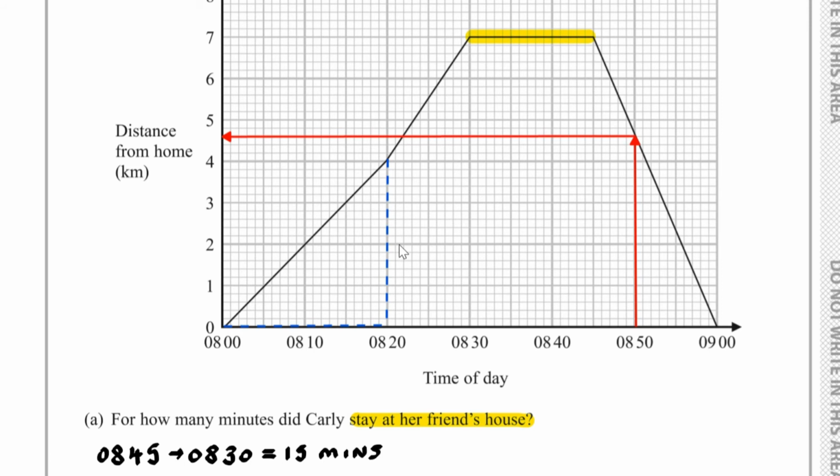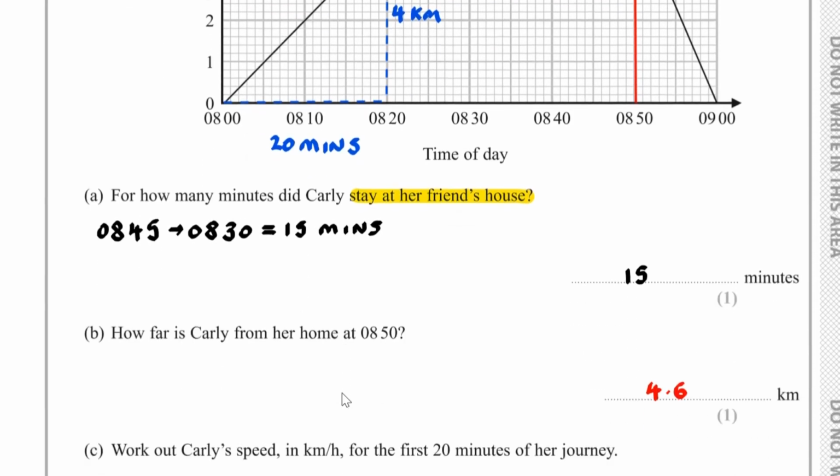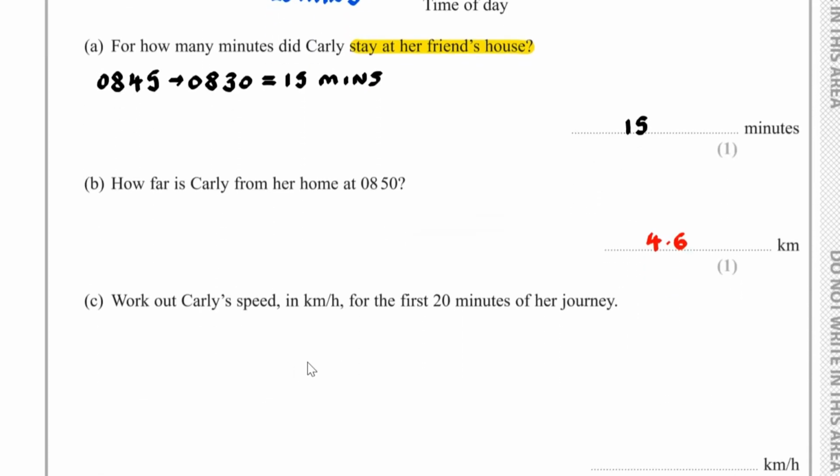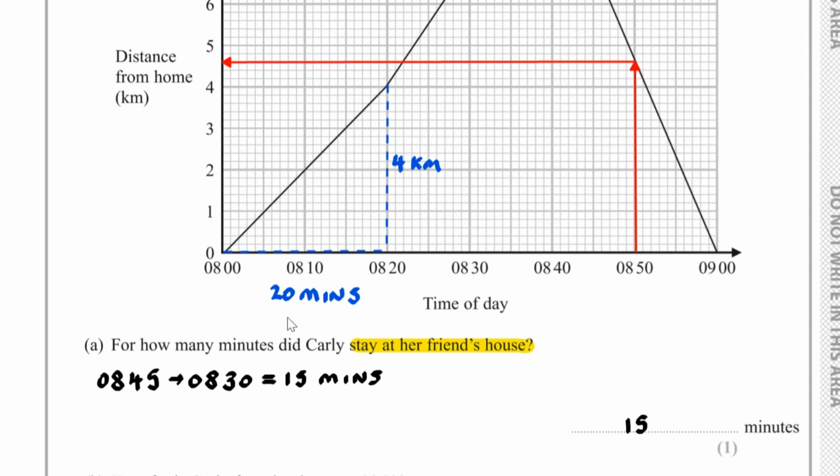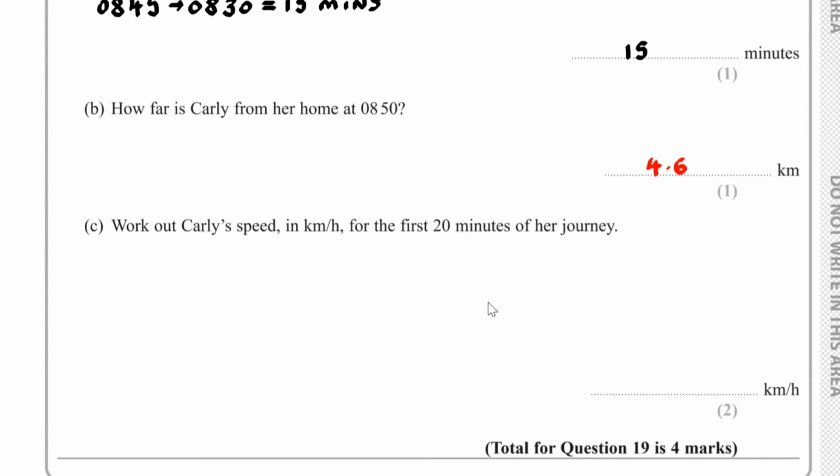So we've got 4 kilometers, 20 minutes, and what we have to do is work this out in kilometers per hour. Now 20 minutes, that's equal to 1/3 of an hour. A full hour is 60 minutes, so 20 minutes is 20/60th of an hour.